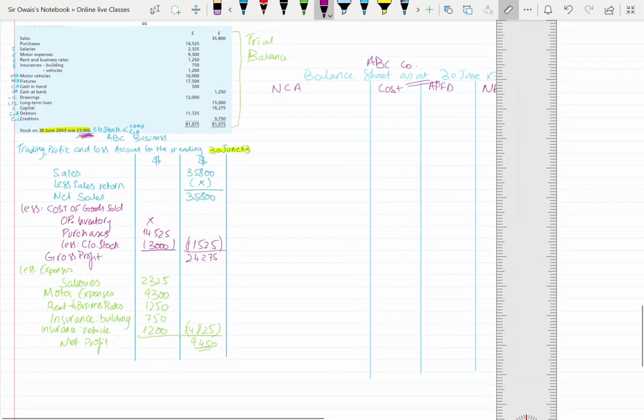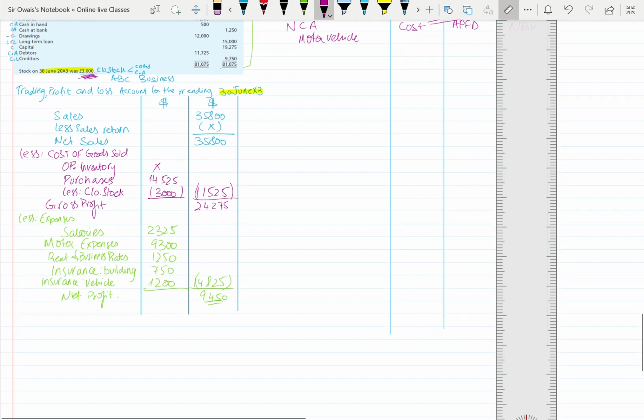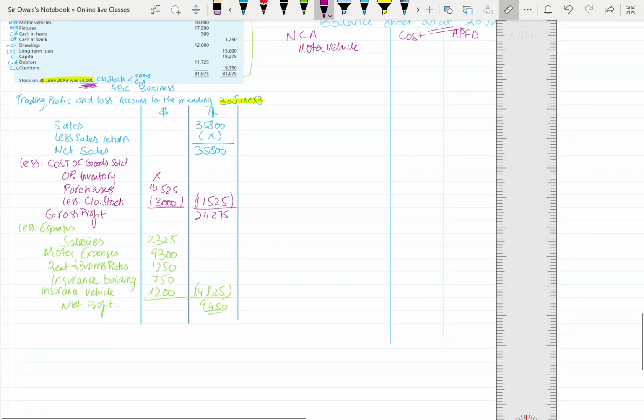The non-current assets would include motor vehicle, that is 10,000, I guess. And then we have fixtures. Fixtures are 17,500.